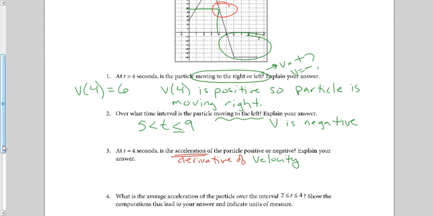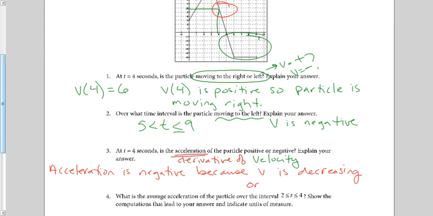First of all, the acceleration is negative. I know this because, and you can write this in 2 different ways, you can say velocity is decreasing, or the slope of v at 4 is negative. So whichever way you want to explain it, they both mean the same thing.